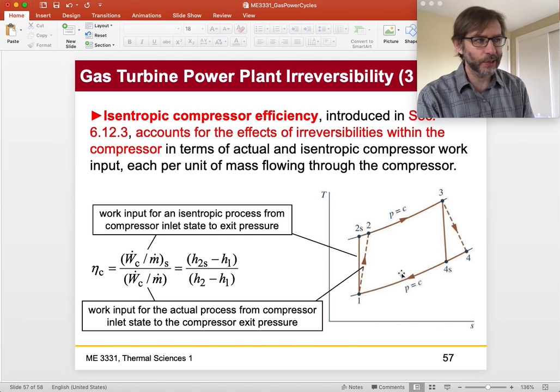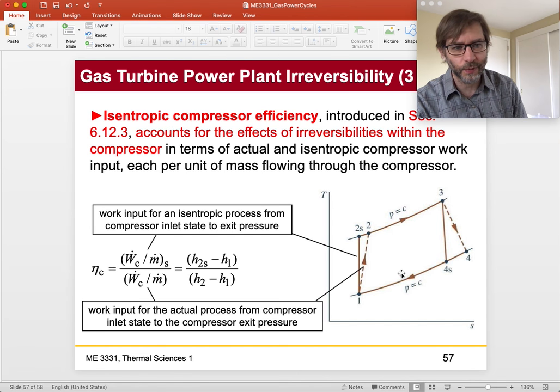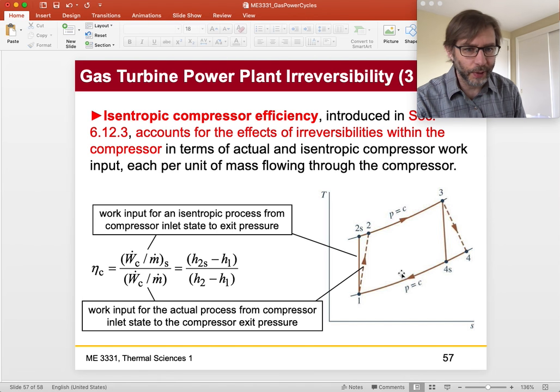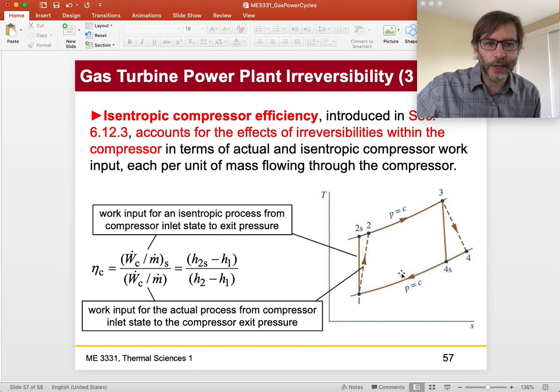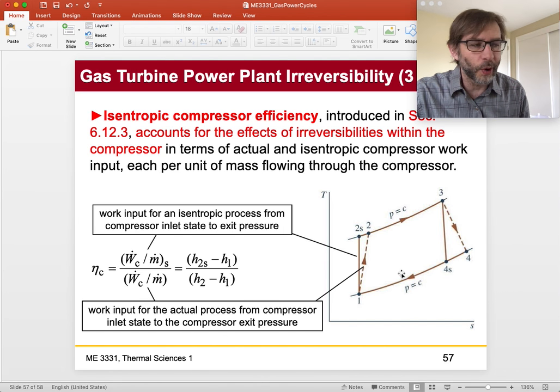And then likewise, the isentropic compressor efficiency is the same thing, which you should review and make sure you understand how to do. Okay, so those are the main irreversibilities, and you can go through and calculate those just like you could for the pump and the turbine for the Rankine cycle, and do the same type of analysis to get the actual states 2 and 4.